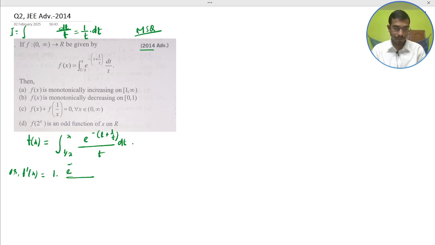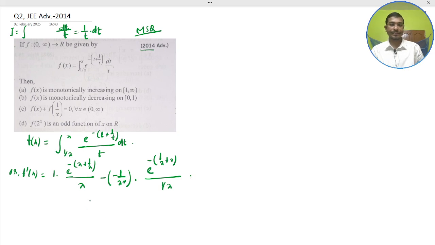So what would become the x plus 1 by x, divided by x, and the differentiation of 1 by x, that is minus 1 by x square, into the exponential minus of 1 by x plus x divided by 1 by x.